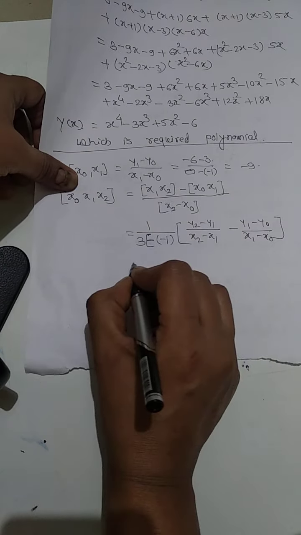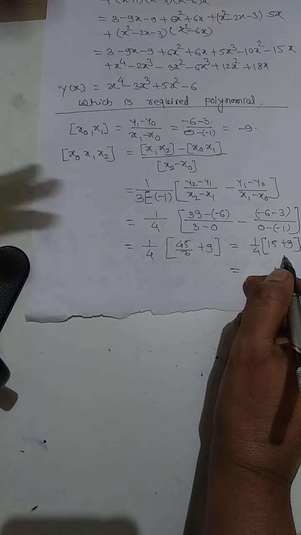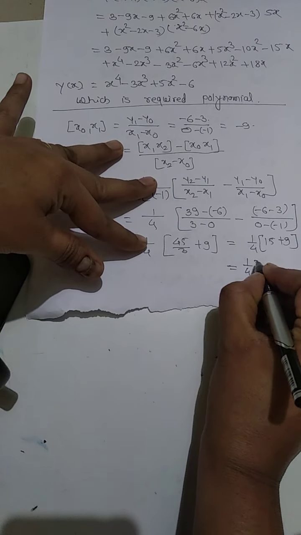This formula is used here. 1 upon 4 into 39 minus of minus 6 upon 3 minus 0 minus of minus 6 minus 3 upon 0 minus of minus 1, and this is equal to 1 by 4 into 45 upon 3 plus 9, and that is equal to 1 by 4 into 15 plus 9, which is 24, and that is 1 by 4 into 24, and that is equal to 6.